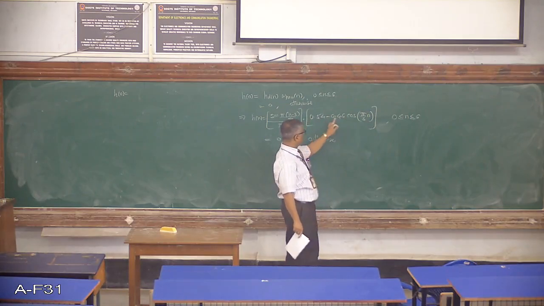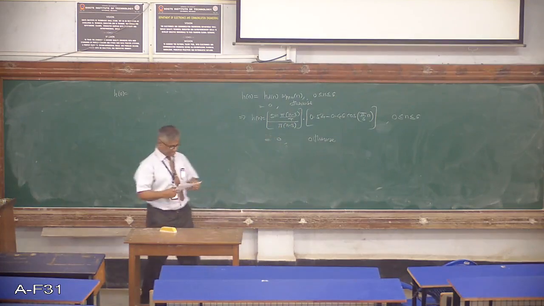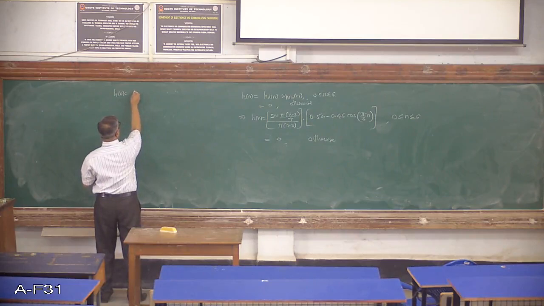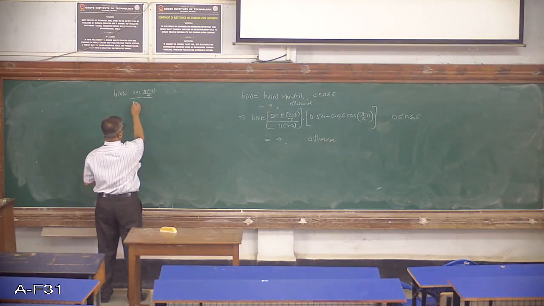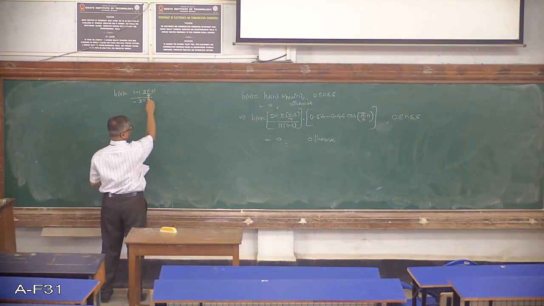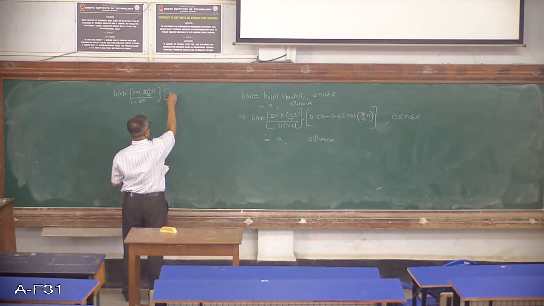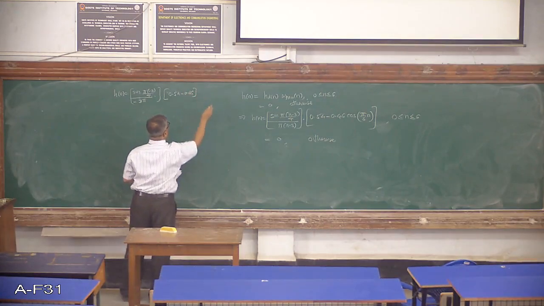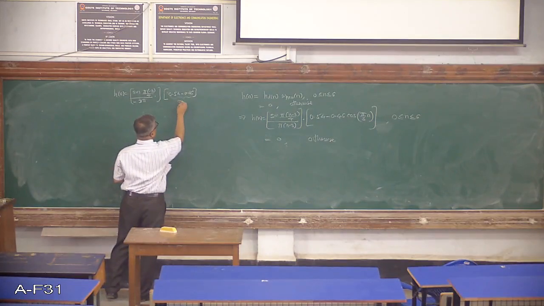So 0.54 minus 0.46, whatever that constant is, you multiply and you will get the answer. This constant will be 0.08, I think.